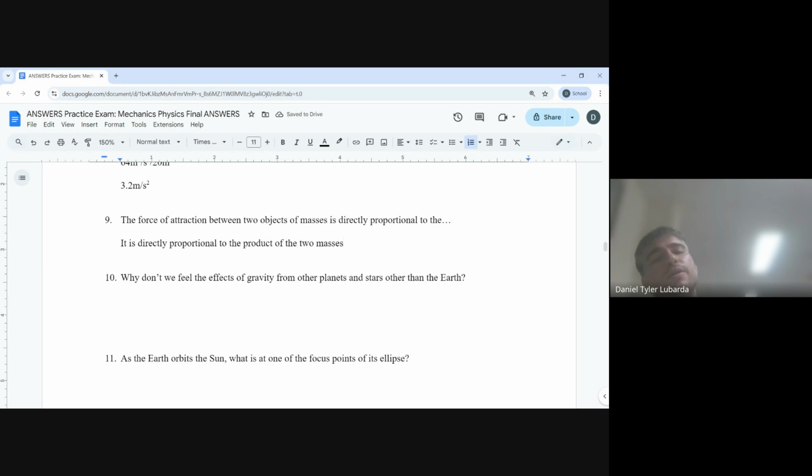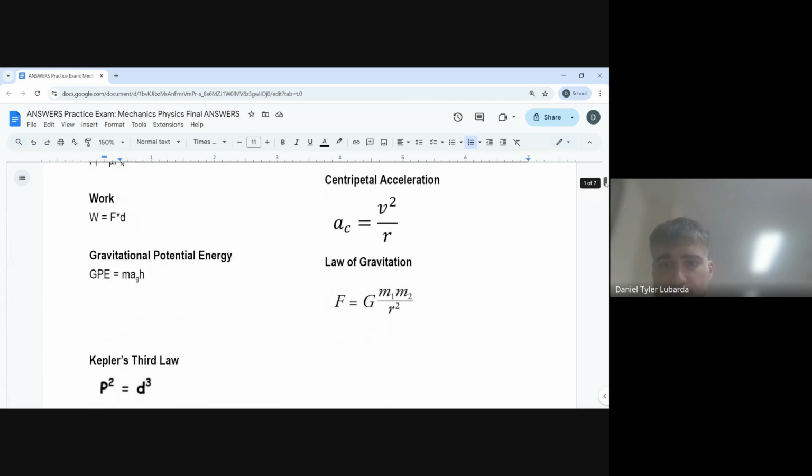Okay, number 10. Why don't we feel the effects of gravity from other planets and stars other than Earth? So the reason is, even though they can be really big, they are so far away. And you can see in our law of gravitation, this r squared means that the distance between two objects has a really big effect.